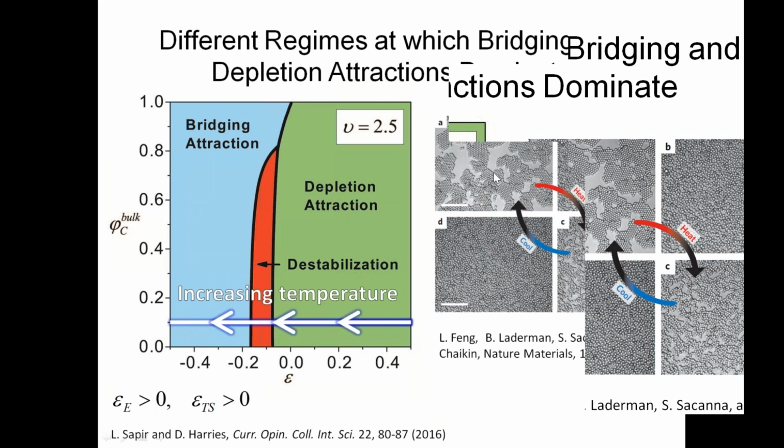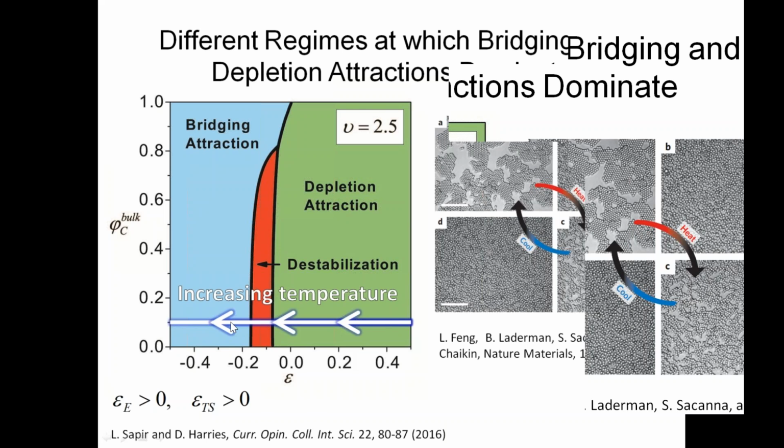It stabilized the depleted compact state, and the depletion attraction favors the most compact state of the colloidal suspension. Once they increased the temperature, epsilon became smaller and smaller until a regime at which it stabilized the expanded state, the dispersed state of colloids, as we can see here.